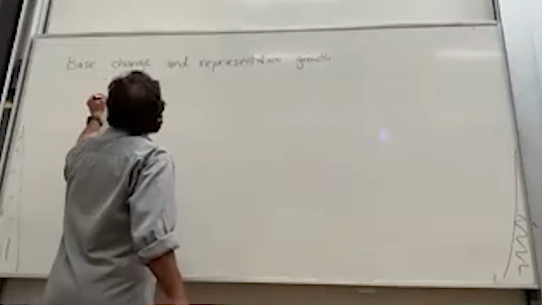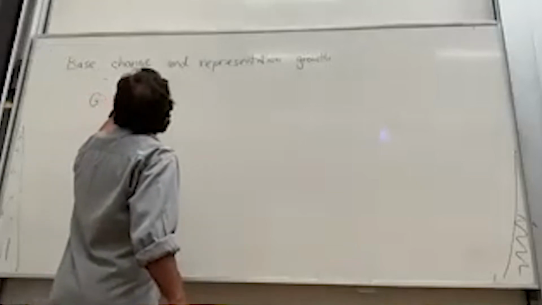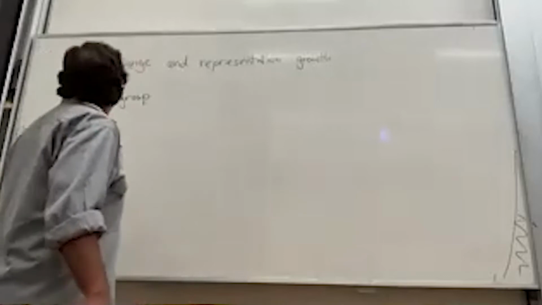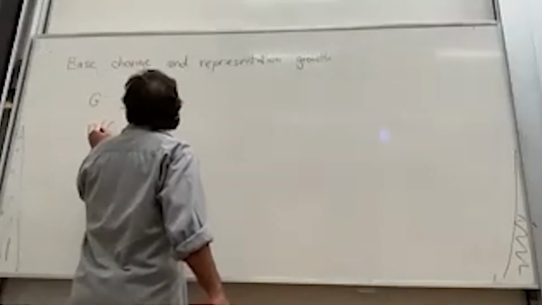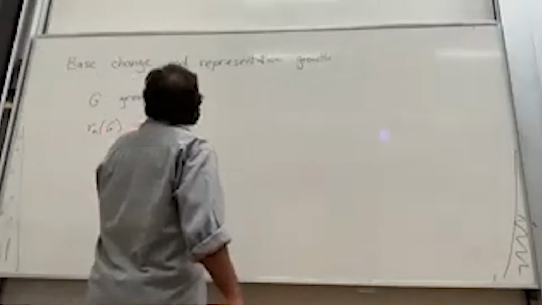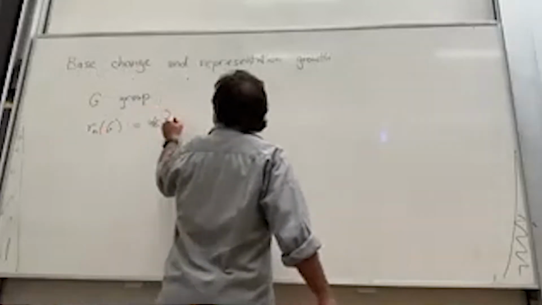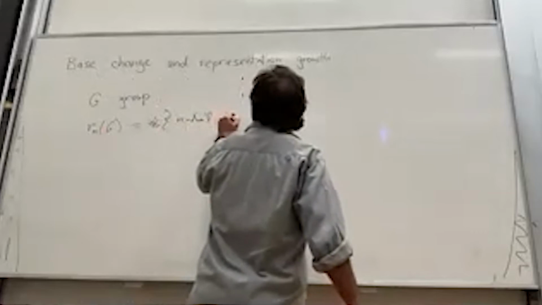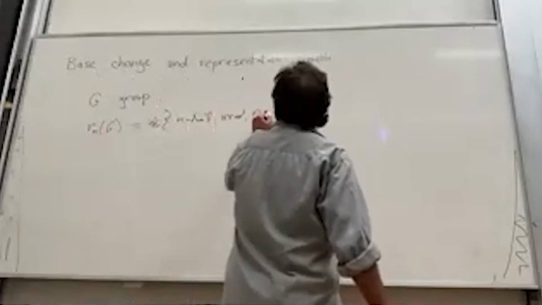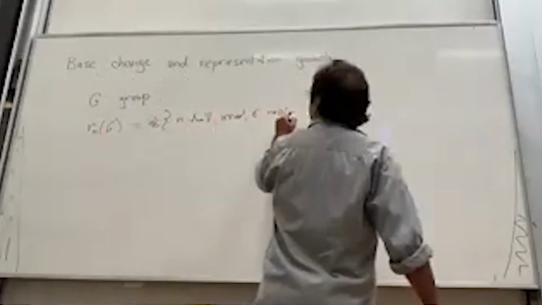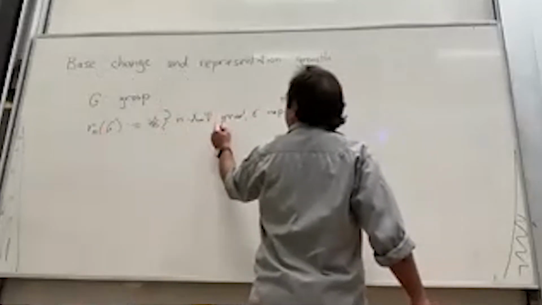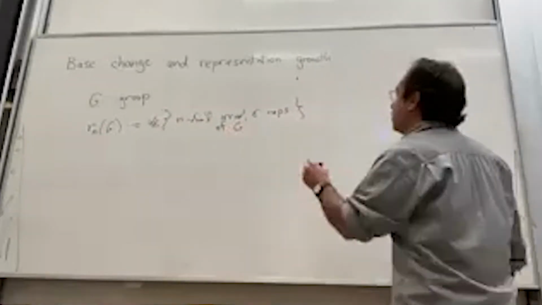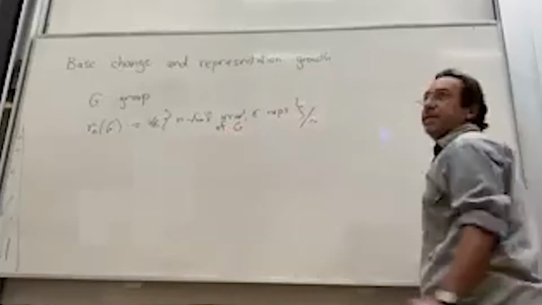Suppose G is a group, and I will denote by r_n(G) the number of n-dimensional irreducible complex representations of G, and of course up to equivalence.